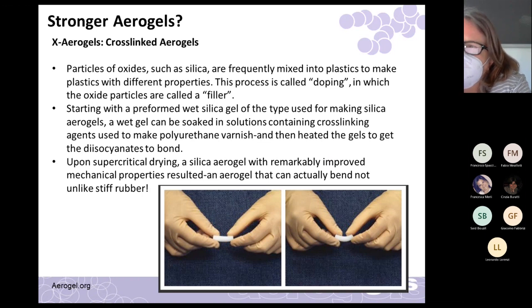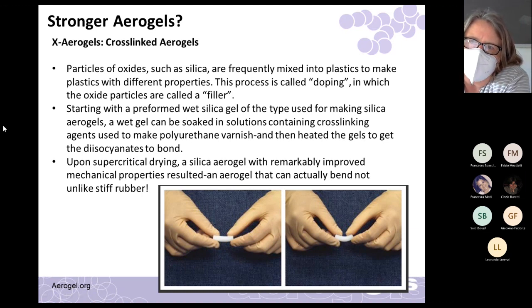And so they often add or dope materials, they dope plastics with different materials, oxides, fillers to make them stronger, right? Familiar. So some of the researchers in this area, particularly Nick Leventis and Mariana Meador, tried to do that with the silica aerogel.